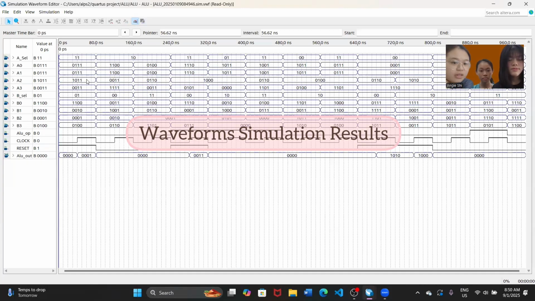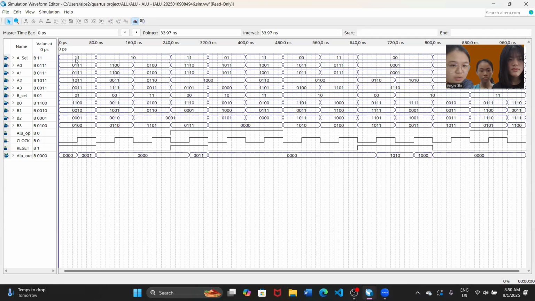Now let's look at an example waveform for our overall design. The A select is equal to 1, 1, which means we will choose A3 as our input, which is 0, 0, 1, 1. And B select equals 1, 0, which means we get B1, 0, 0, 1, 0 as our input. The ALU operation this time is equal to 0, so the adder subtractor will act as a subtractor right now.